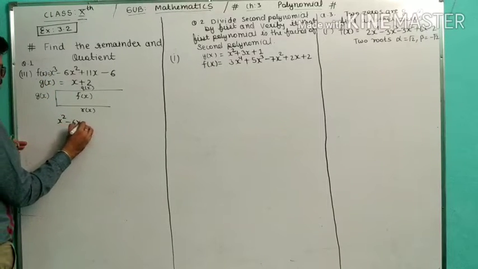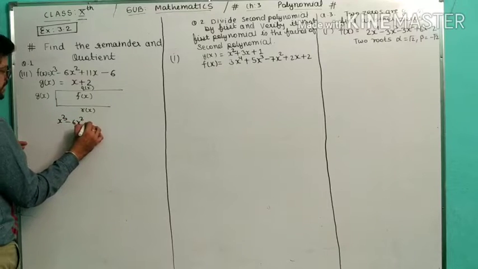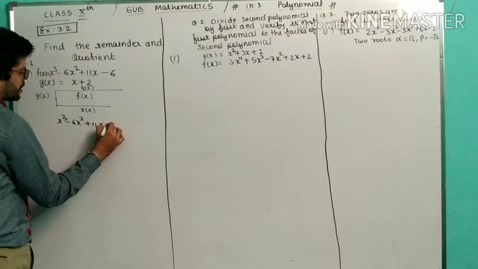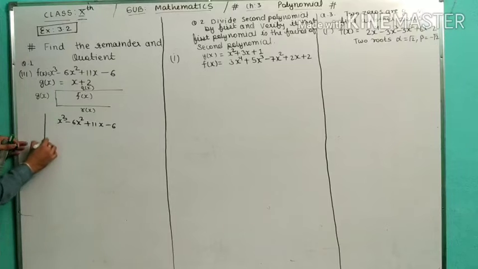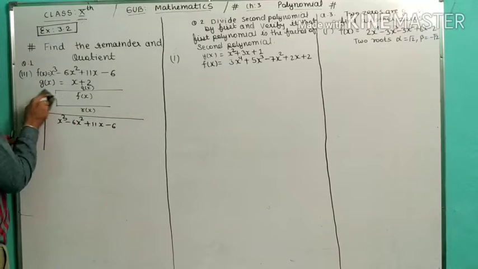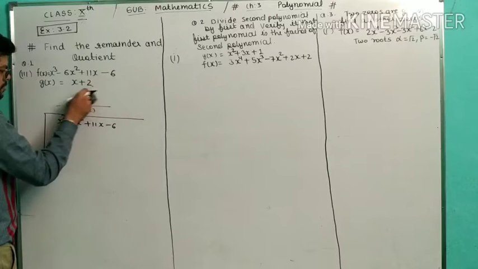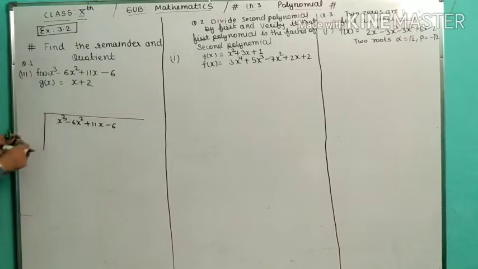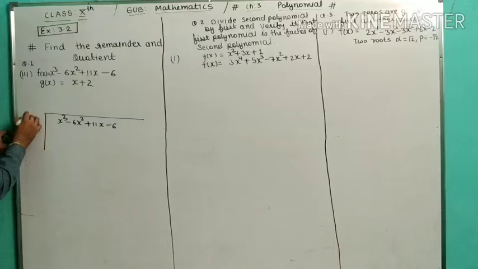The question is x cube minus 6x square plus 11x minus 6, and we are dividing by x plus 2.